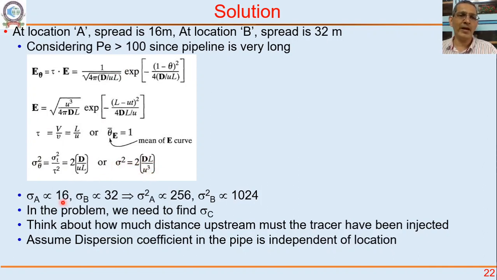Now the spread at A is 16, means sigma at A is 16, sigma at B is 32. So sigma square at A is 256, sigma square at B is 1024, 32 square. 16 square, 256. So now we need to find out sigma C.